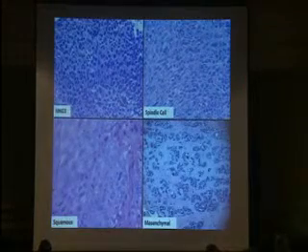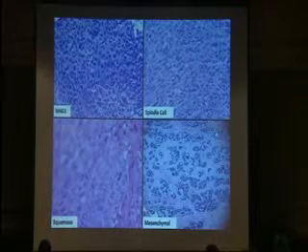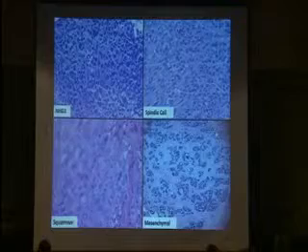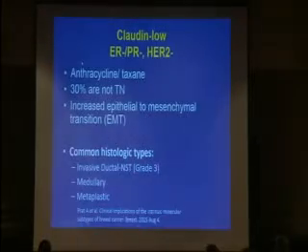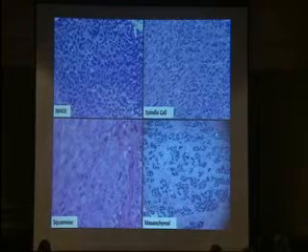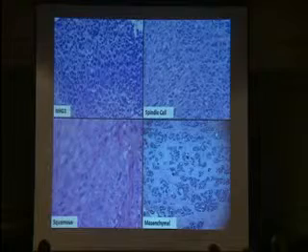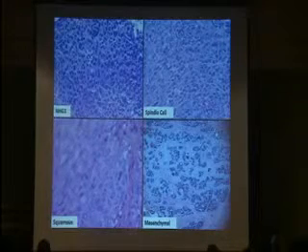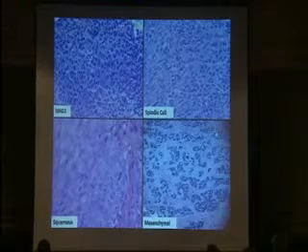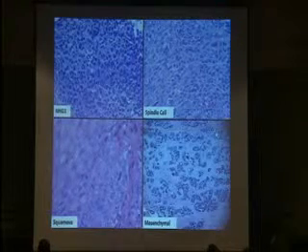And here is an example of a poorly differentiated Nottingham grade 3 carcinoma, where you see sheets of cells basically without any differentiation, with high nuclear to cytoplasmic ratio and brisk mitotic activity. Here's an example of metaplastic carcinoma, spindle cell type, where the cells start to have spindle nuclei and basically acquire a sarcomatoid look.